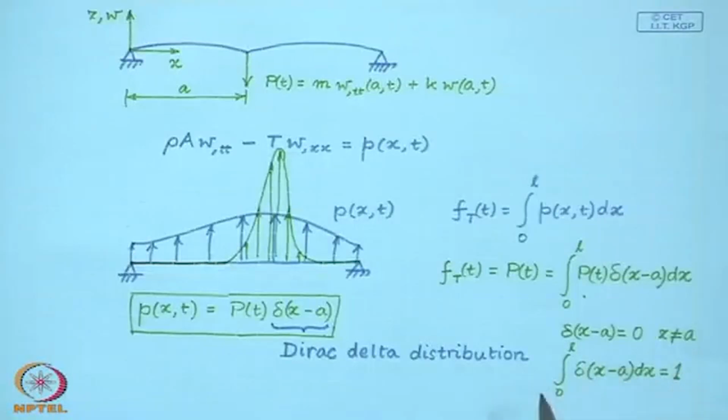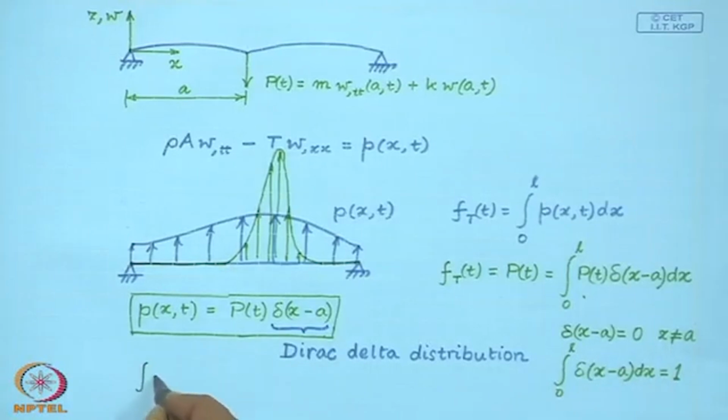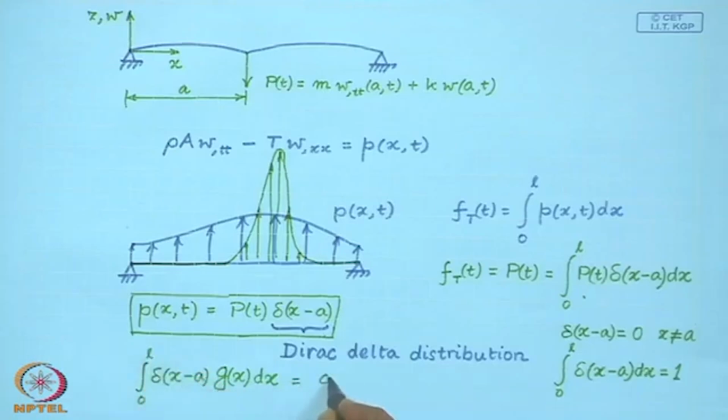So, a further generalization of this integral property is, so this is a further generalization of this integral property of Dirac delta distributions.